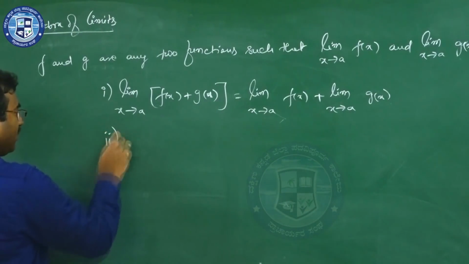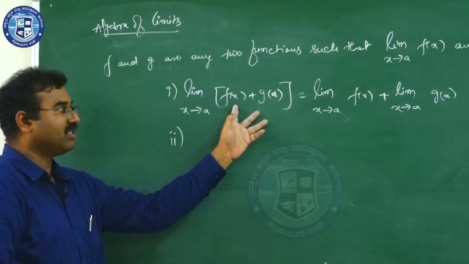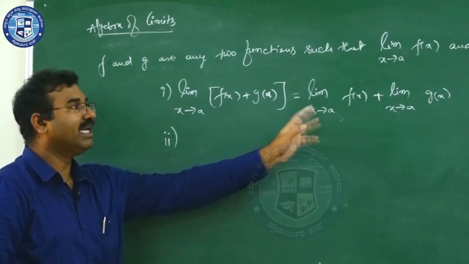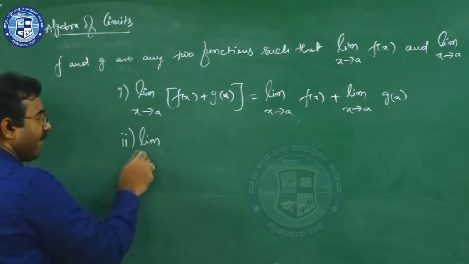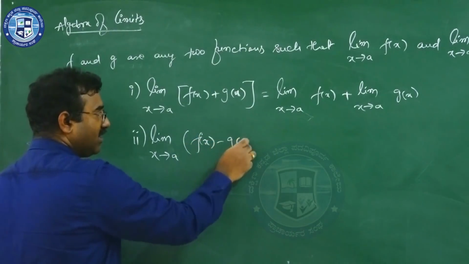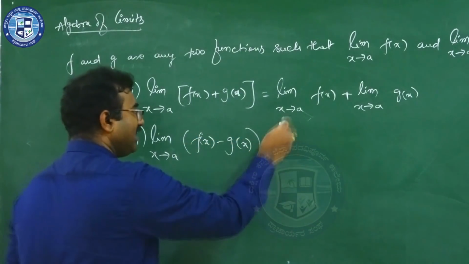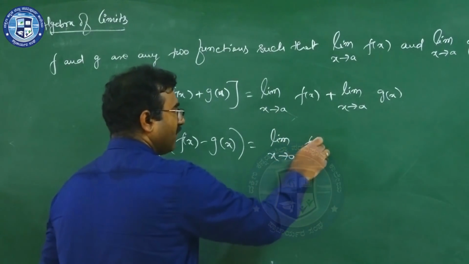That means the limit of a sum of functions will be the sum of the limits of the individual functions.